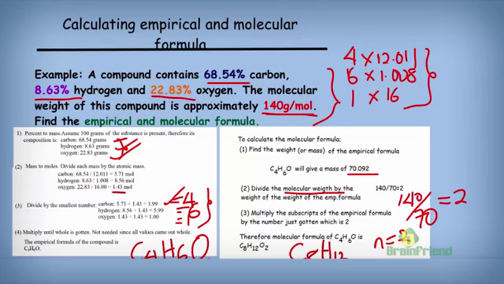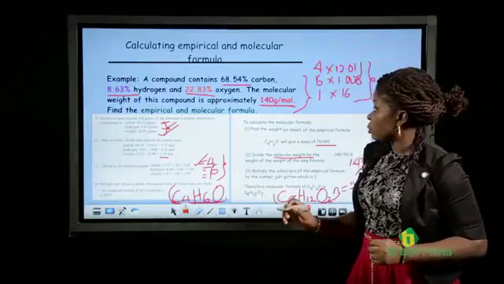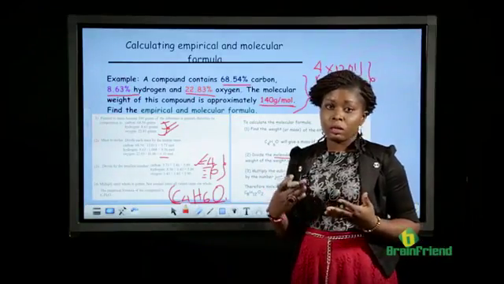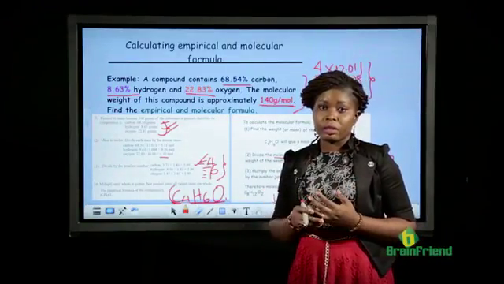And then 2 times 1, obviously, is 2. So we have 8 atoms of carbon, 12 atoms of hydrogen, and 2 atoms of oxygen. This represents the molecular formula of this compound.